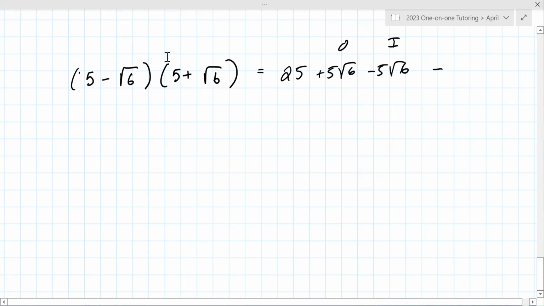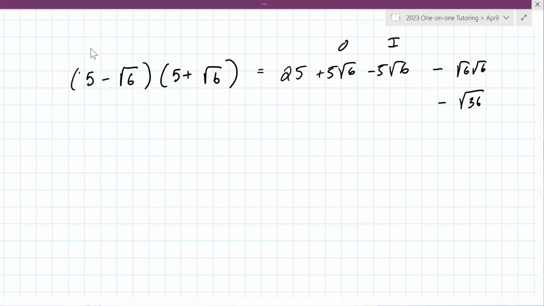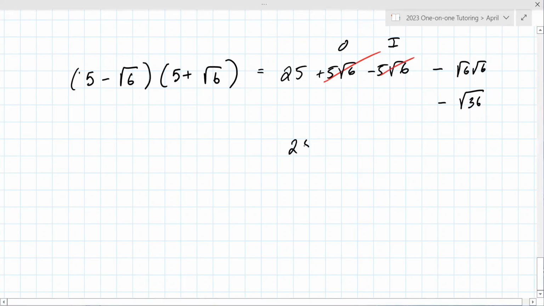It is minus because a minus times a plus is a minus. If you need to write it out, it's square root of 6 times the square root of 6. Because they're both square roots, it becomes the number times the number under the square root, which is square root of 36, which does reduce to just 6. This one is 25 minus 6, which is 19.